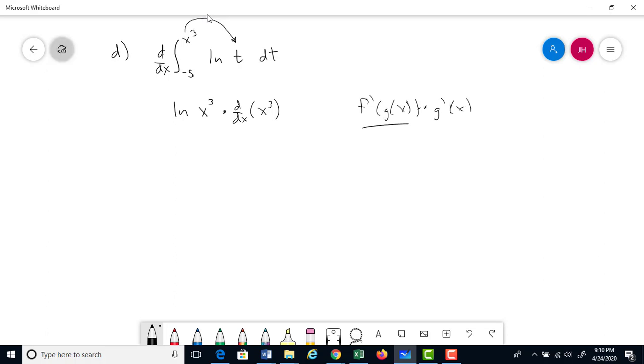This part represents the derivative of the outside, and this part represents the derivative of the inside. So we have a chain rule going on here. This is equal to 3x squared times the natural log of x cubed. I'm putting the 3x squared in front so it doesn't look like it's part of the argument of the logarithm.